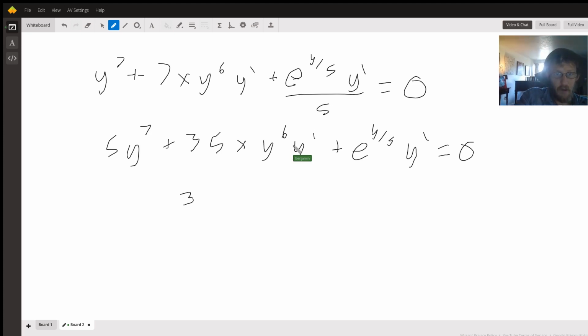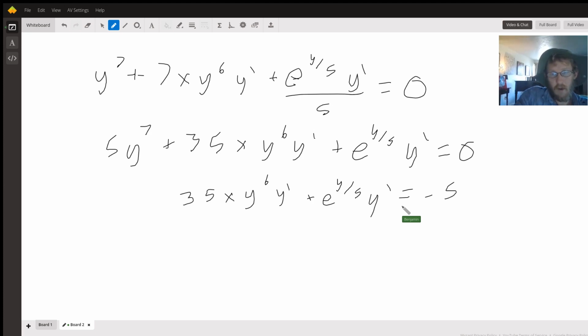So I have 35 x y to the 6 y prime plus e to the y over 5 y prime equals negative 5 y to the 7.